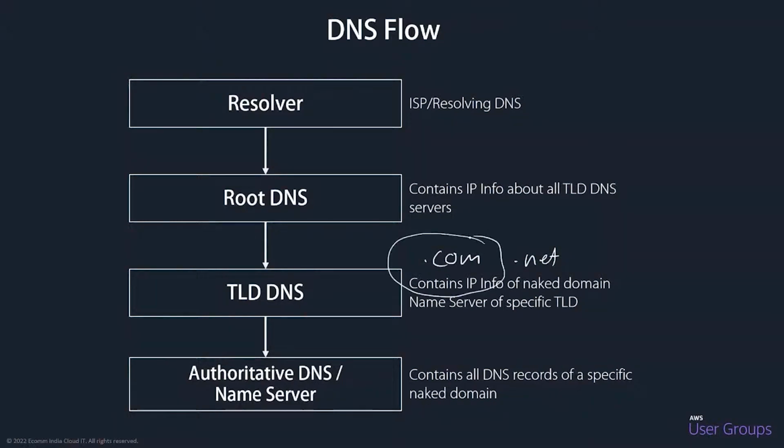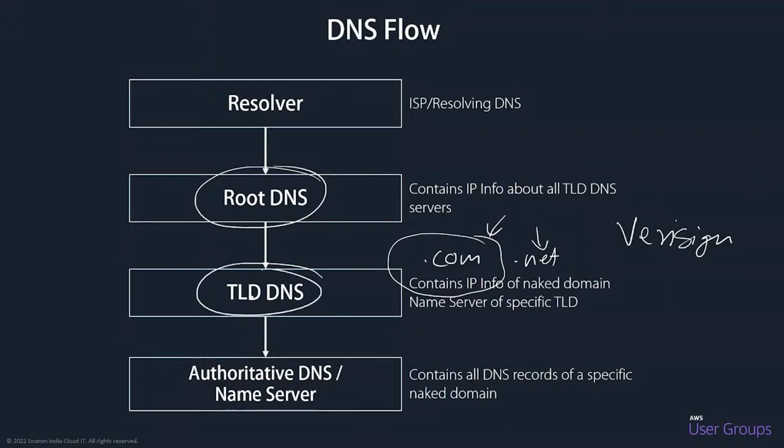For example, .com, I believe, is managed by VeriSign, where they take care of the complete .com TLD. So the root DNS has information about the servers for .com, the servers for .net, etc. It doesn't have all of the information about the domain names itself, but it has information about the servers that are handling the TLDs.